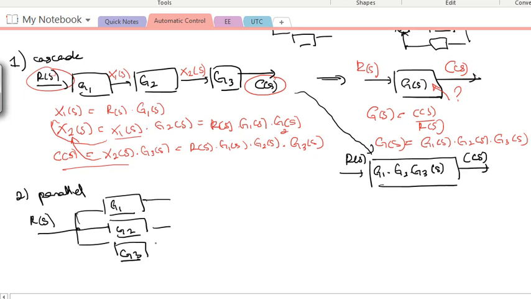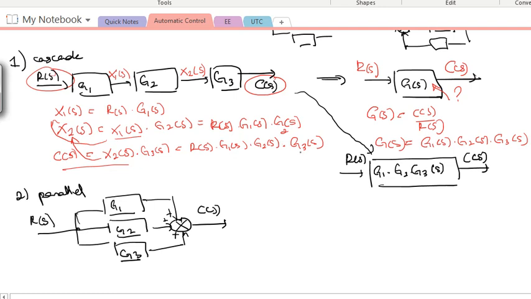And then they are joined back together by a summing junction. Let's say it is plus everywhere, to give an output of CS.